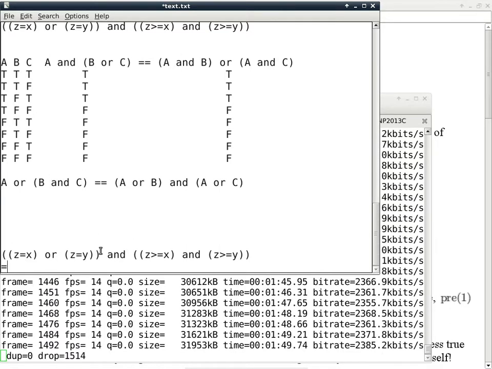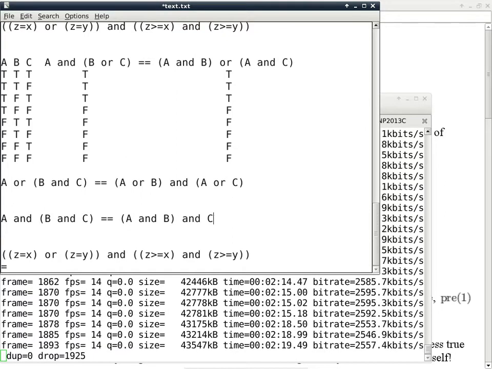Okay, so what we have here is, this part here is just using the and, and it has the same rules as multiplication. In other words, I can remove the parentheses or change the arrangement of parentheses, and it will still mean exactly the same thing. A and B and C would mean exactly the same thing as A and B, and then the whole thing and C. Is that okay?